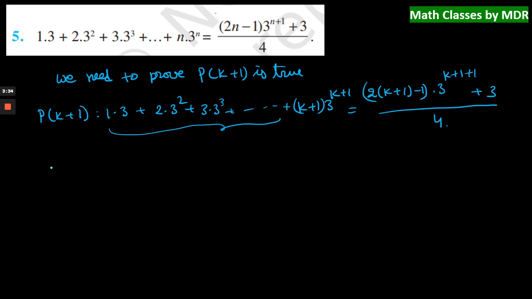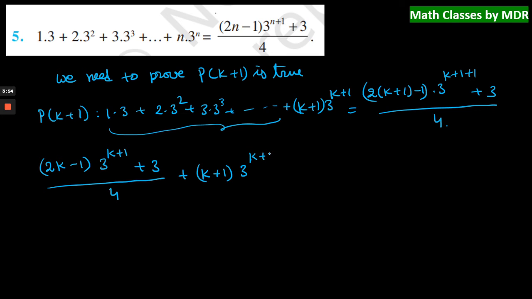So let's take that: 2k minus 1 into 3 to the power k plus 1 plus 3 upon 4, plus the k plus 1 term, we have to add that, that is k plus 1 into 3 to the power k plus 1, which is equal to 2 into k plus 1 minus 1, so 2k plus 2 minus 1, I will take it as 2k plus 1, into 3 to the power k plus 2, plus 3 upon 4.